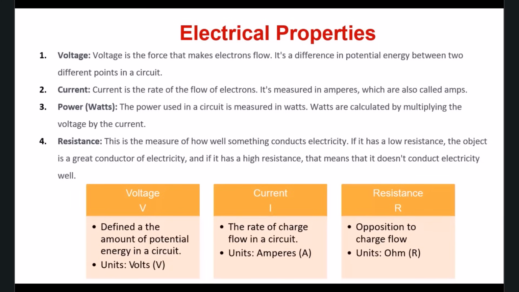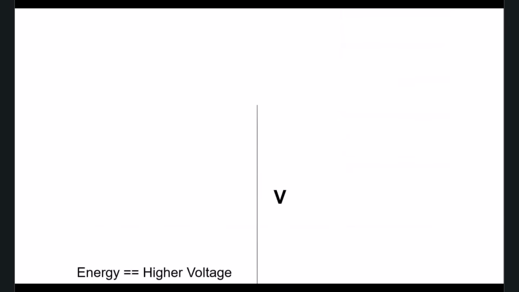It is measured in units of amperes. The third one is resistance. It is the opposition to the charge flow. The unit of the resistance is ohm. Let's move further and talk about these terminologies one by one.